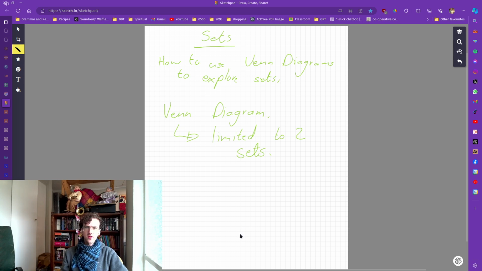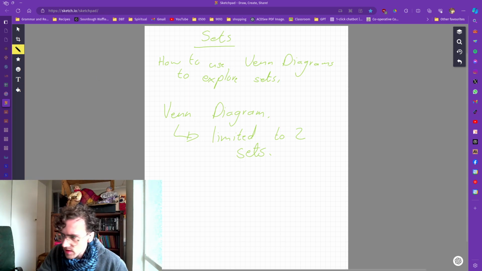So what we're going to look at is the number of elements in a set, the complement of a set, a universal set, the union of A and B, the intersection of A and B. And then we'll look at a couple of examples.